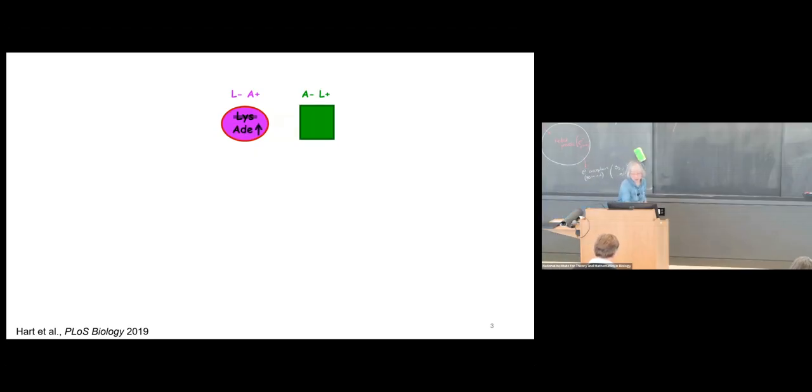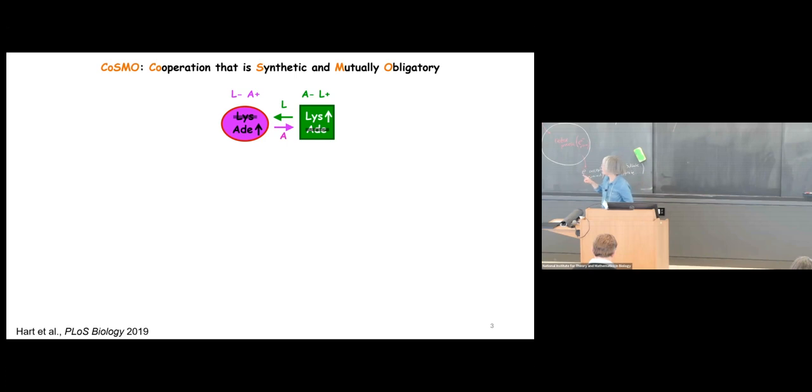But then there's a mutation that forces them to overproduce another essential metabolite called adenine. And then the complementary strain cannot make adenine, but overproduces lysine. So then the two will cross-feed and support each other's growth. And we call this CoSMO, for cooperation that is synthetic and mutually obligatory.